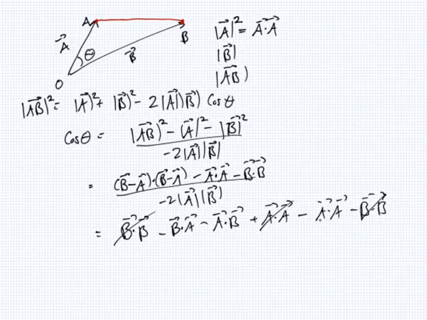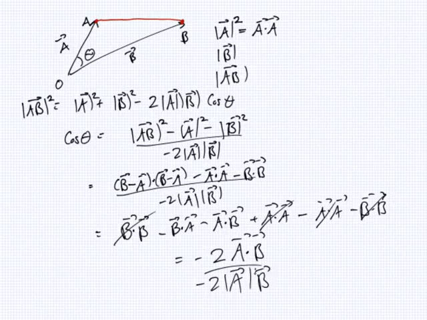That cancels with that. And these two don't cancel because they're both minus, but they're both the same, aren't they? Yeah, that's it. What is it? Minus 2 A dot B over minus 2 magnitude A magnitude B. So this is A dot B over magnitude A magnitude B.